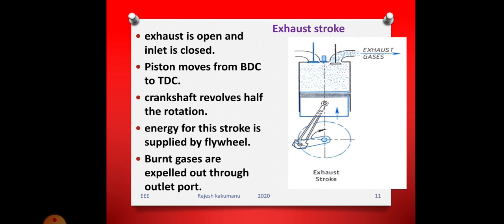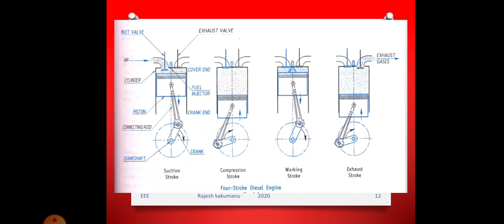The burned gases are expelled out through the exhaust outlet. Now see the figure. It is the same as the 4-stroke petrol engine. The difference is only at the point where the spark plug is replaced with the fuel injector. The remaining figures are the same as it is, and you can draw them whenever you come across them in the exam.